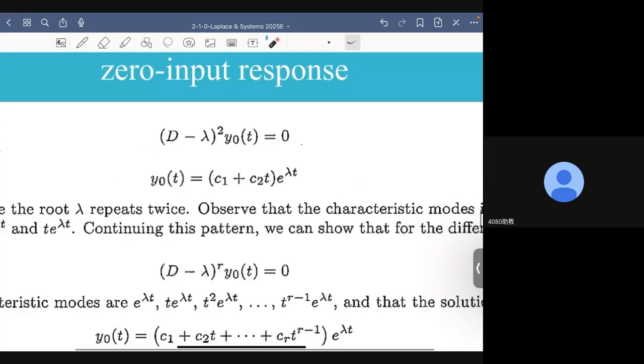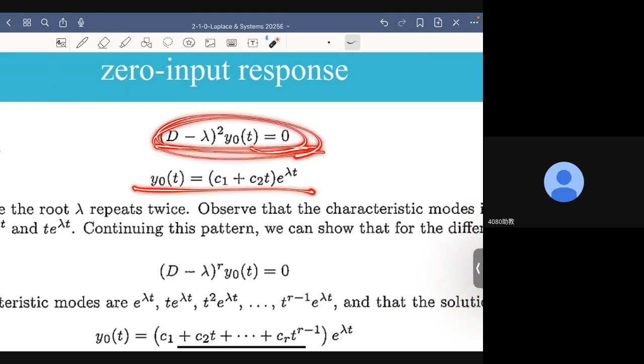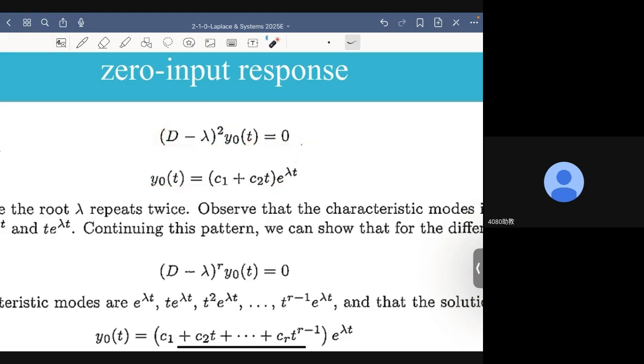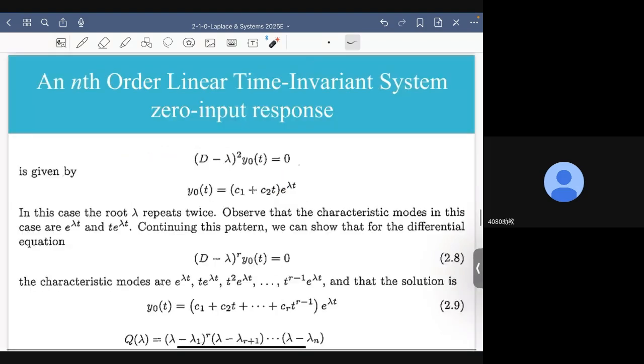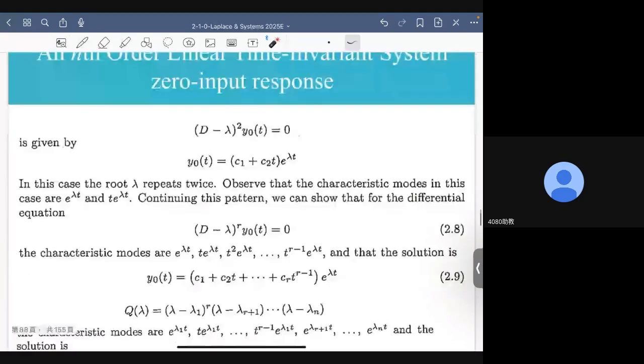Let's say this is the case of my dynamic system. Then, as you have learned before in the course of engineering mathematics, the zero input response, or the solution of this differential equation, which in engineering mathematics is a homogeneous differential equation, is the homogeneous solution.